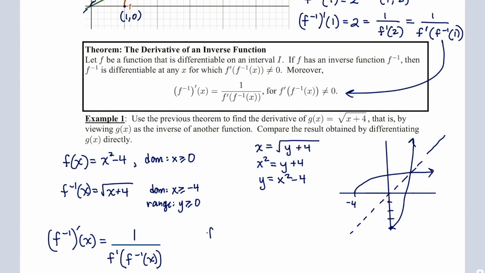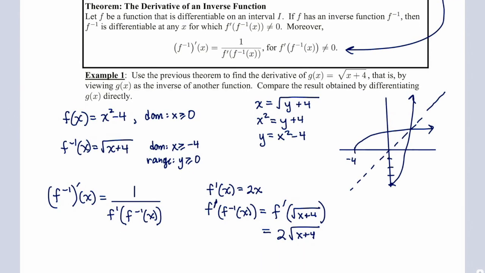The derivative of f would be 2x. So the derivative of f evaluated at the inverse function would be the derivative with the input square root of x plus 4, and that would simply be 2 times the square root of x plus 4.